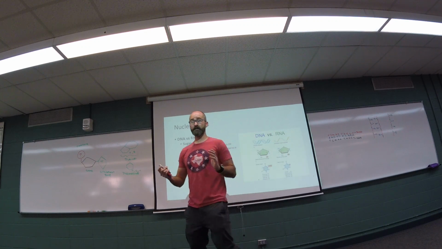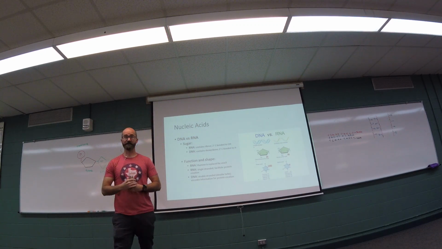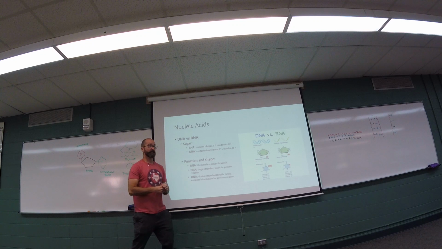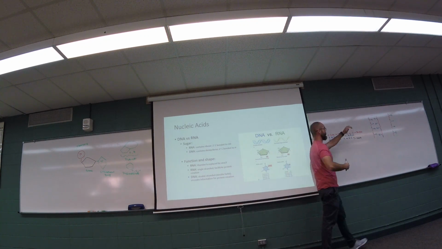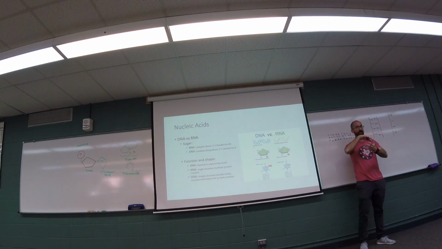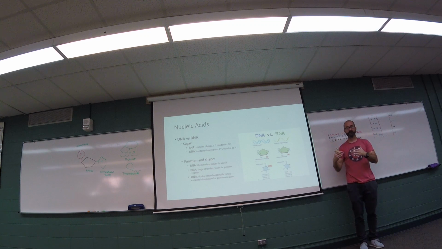Now that doesn't mean that RNA doesn't form a three-dimensional shape, because it does. This long strand of RNA will fold in on itself, and those nitrogen bases will hydrogen bond to each other to make really intricate shapes. An important example of that is something called tRNA.